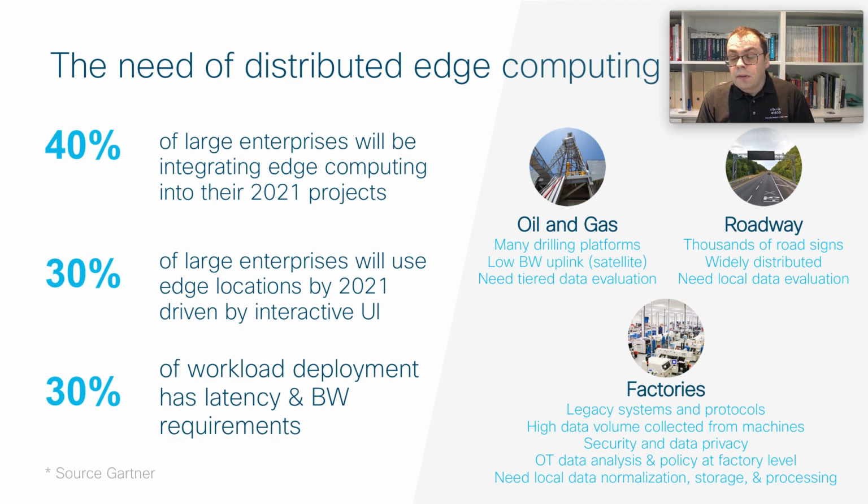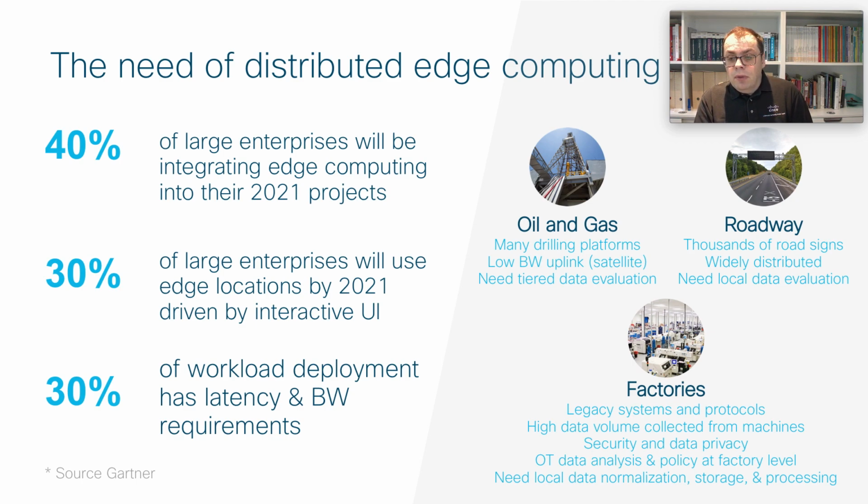On top of this, the operation teams don't want to rely on telecom links to operate, so they need to do some local treatment. If not, this is going to affect the operation of the plant.